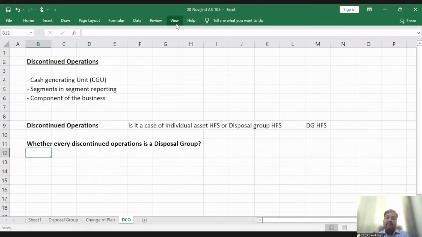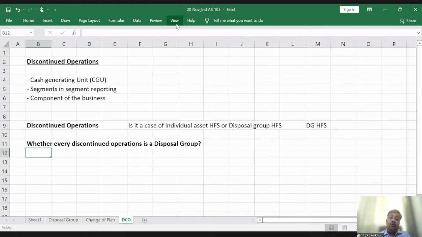So now in this example, let's say I have decided to discontinue my Delhi based institute. I have decided to discontinue my auditing related operations, my auditing related vertical, and I only want to teach financial reporting.